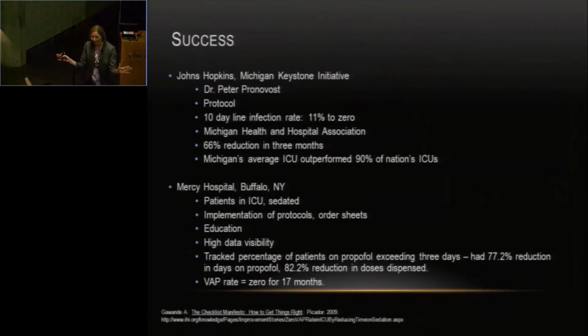So big academic ICUs in Ann Arbor to very small 4-bed ICUs in rural Michigan. Okay, and what they came up with was this. They had a 66% reduction in central line infection rates in just 3 months. Their average ICU, which is probably fairly small, outperformed 90% of the nation's ICUs.